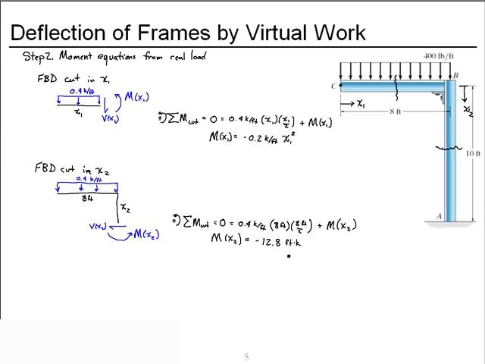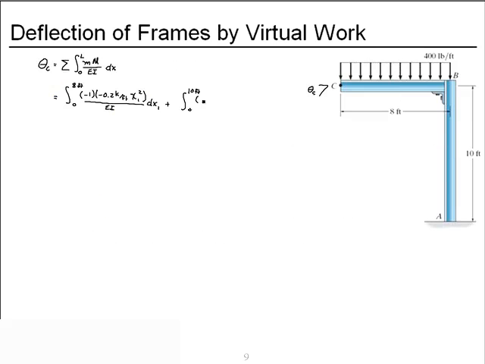And as a reminder, our real moment is -12.8 foot kips over EI, integrate with respect to x2.